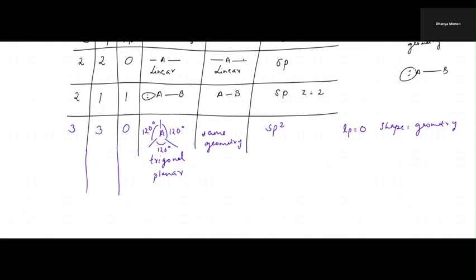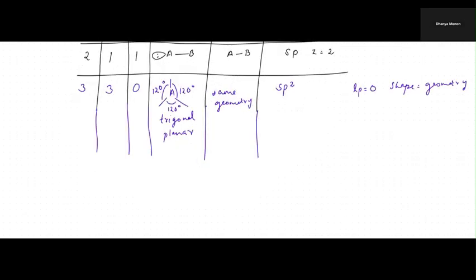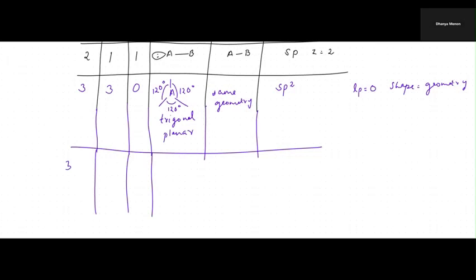Now I'll check for the next case. When Z is equal to 3, the hybridization remains the same, sp2. But out of Z value 3, I have suppose 2 bond pair and 1 lone pair.